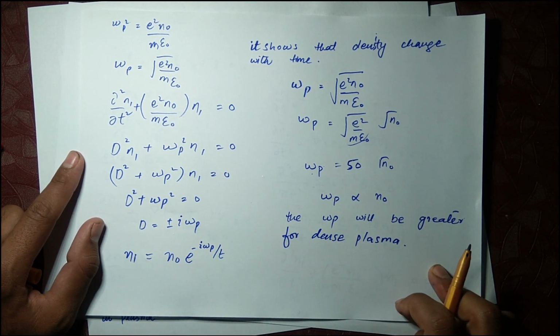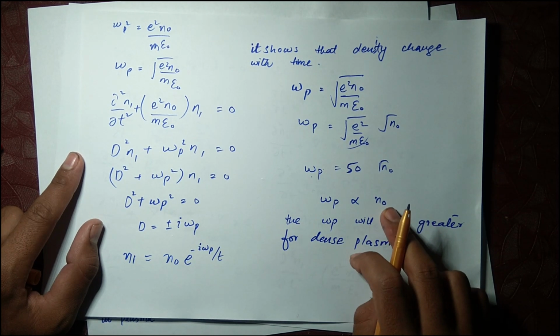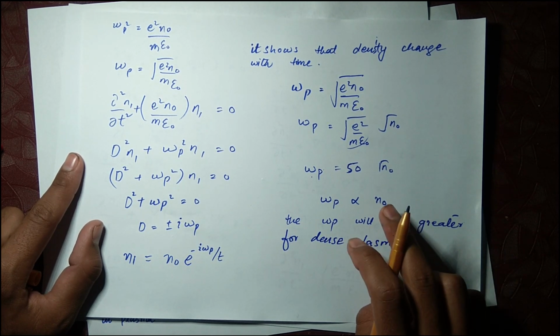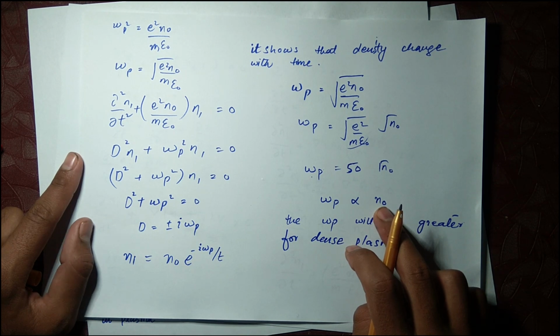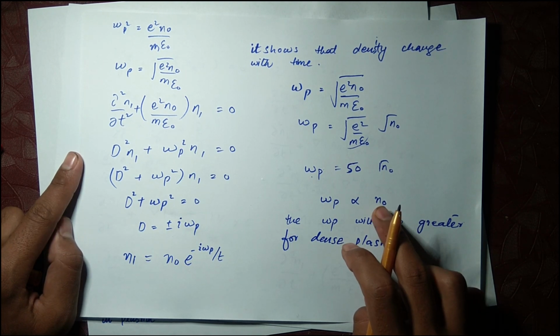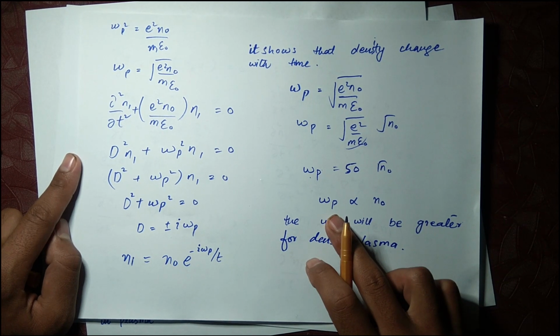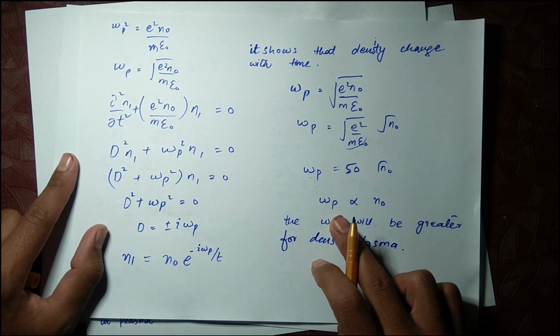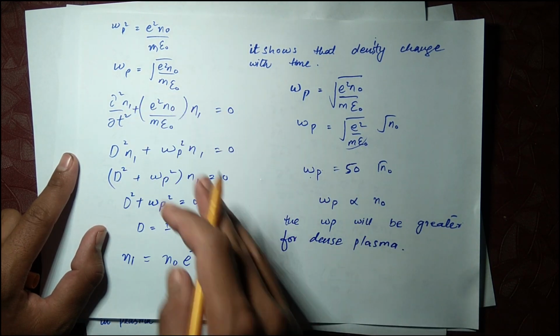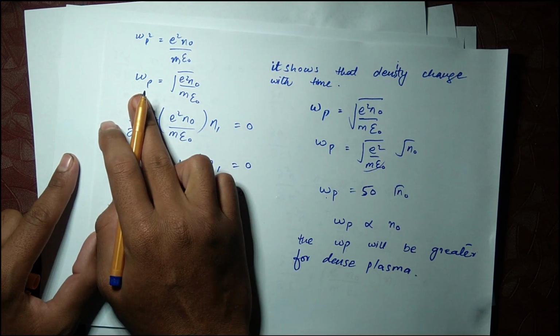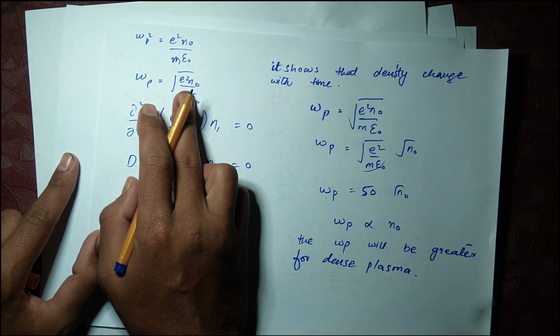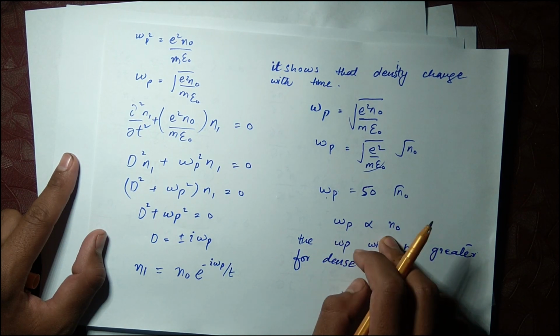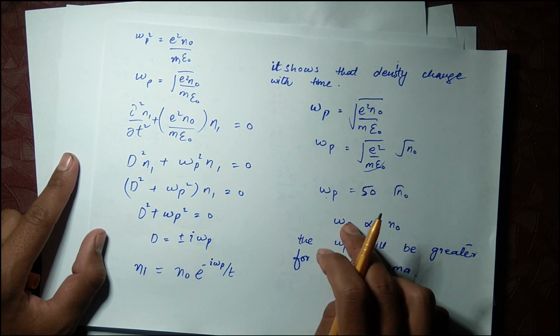As the density of plasma increases, the value of n naught, the number of electrons at equilibrium state, will increase, and then the value of omega p will also increase. So you understand the plasma frequency, and we found the relation between the plasma frequency and n naught: when n naught increases, omega p increases.